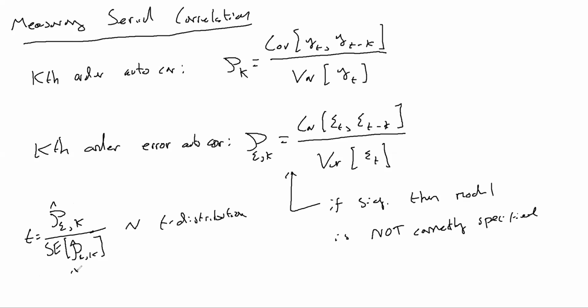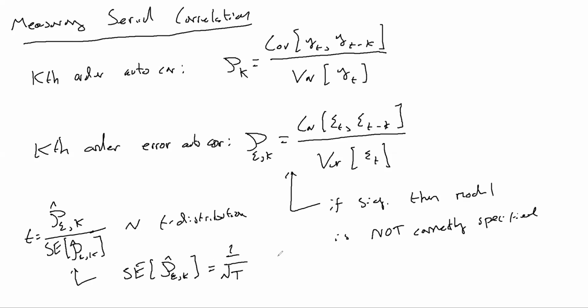And in this specific situation, it's a little bit different. The standard error for your kth order error autocorrelation is going to be equal to one over the square root of capital T, where capital T is going to be the number of periods. So this is how you can estimate it. Then with your estimate for your kth order error autocorrelation, multiply it by the square root of the size that you're looking at, this will give you your t statistic, and you can test for the significance.